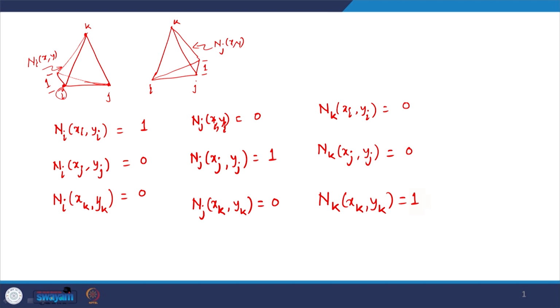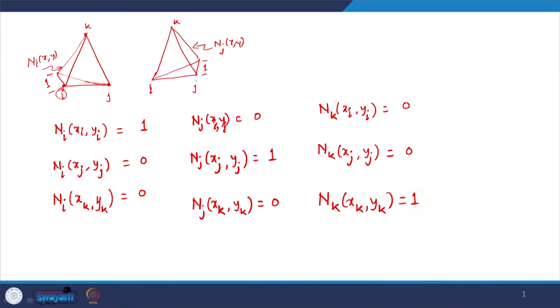We are not invoking anything from n j while defining the requirements of n I and so on, but they are in fact related to each other. We will see why, or not related to each other, they have to satisfy one more condition, which apparently automatically gets satisfied in this case, but we may not be always so lucky. But let us keep things simpler at the moment.